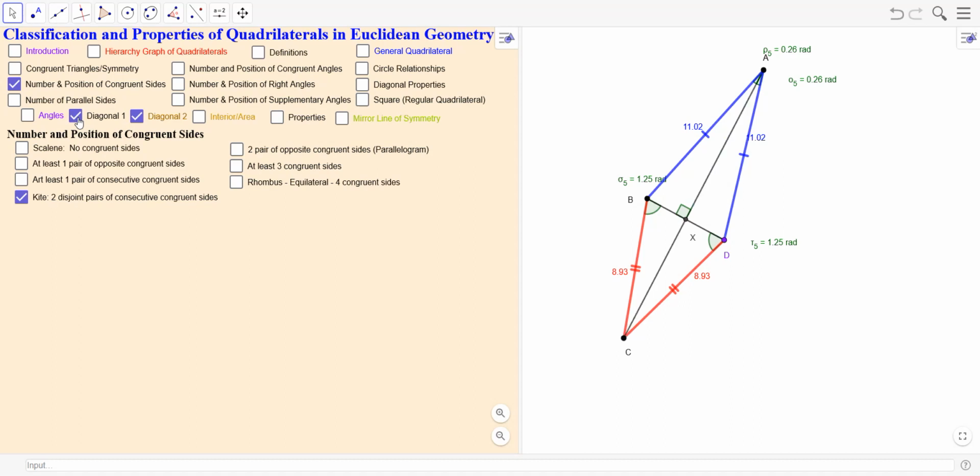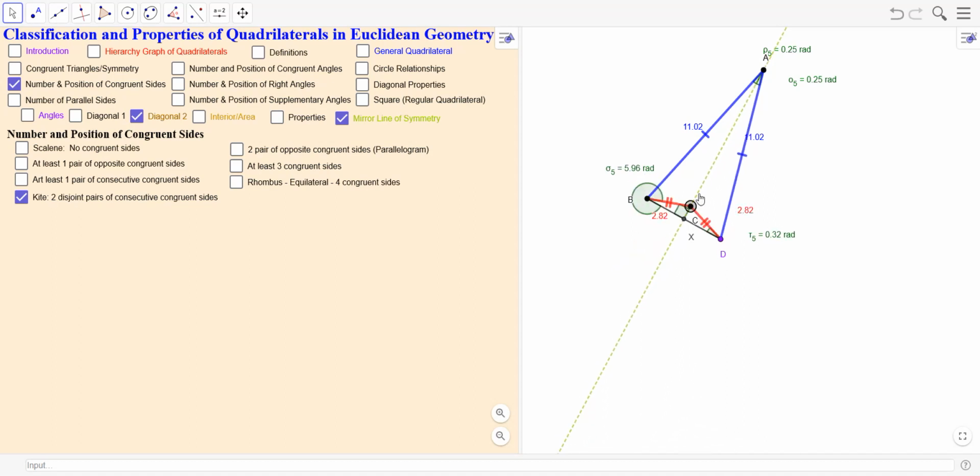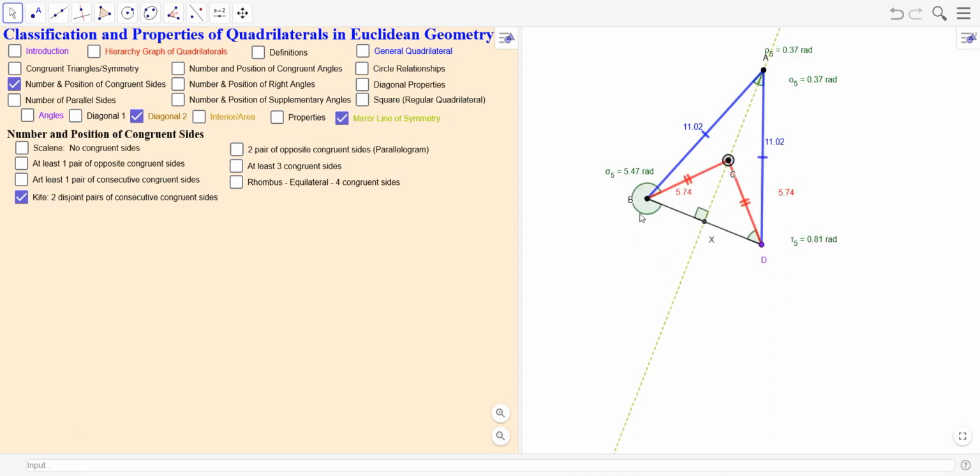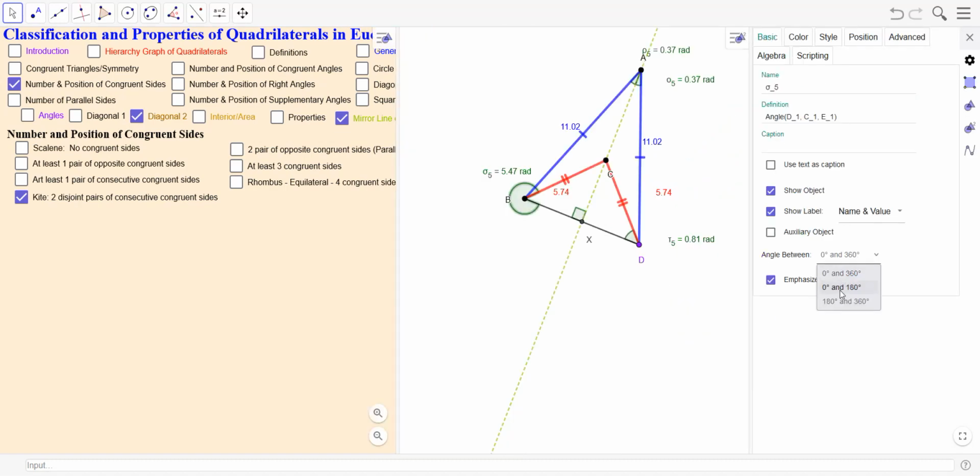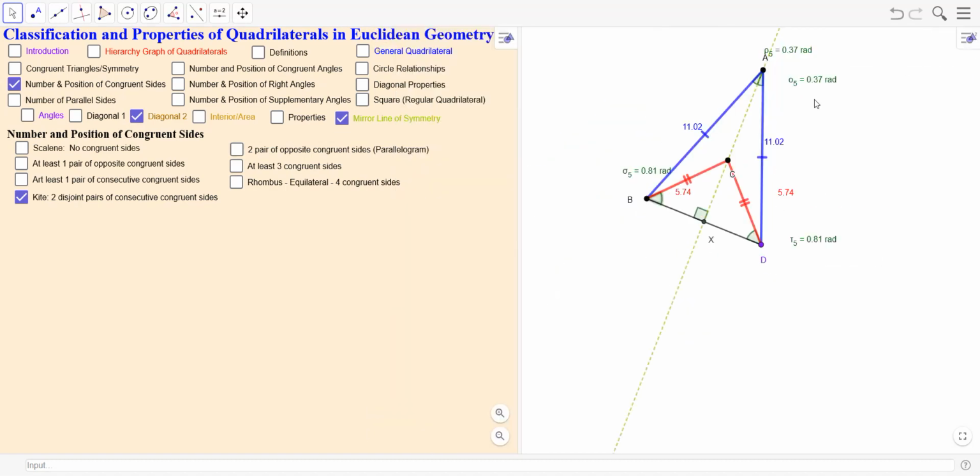Okay, so now let's look at the major diagonal, or at least the line containing the major diagonal. Let's go ahead and turn that one back into between 0 and 180 degrees as well. And so now we notice that we have some triangles here. Look at triangle BCX and DCX.